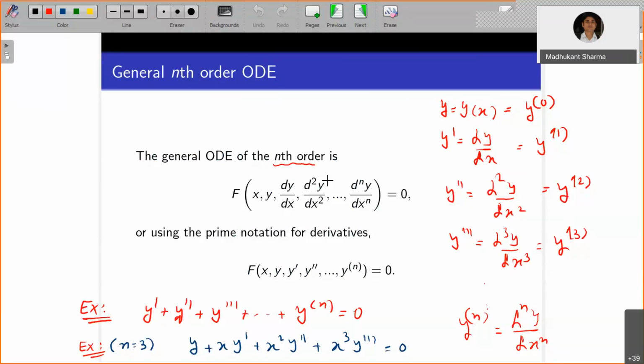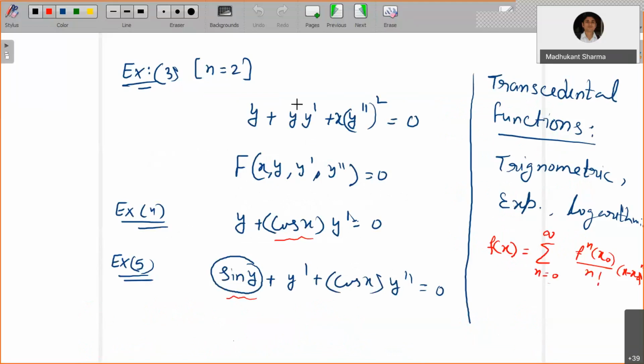Here it is very easy to see that the third order derivative is the highest. In this differential equation, the second derivative is the highest order derivative present. Here it is the first order derivative. Here the highest order derivative is y double dash. Even if you write sine y as an infinite series, the highest order derivative is y double dash. It is still a second order differential equation.